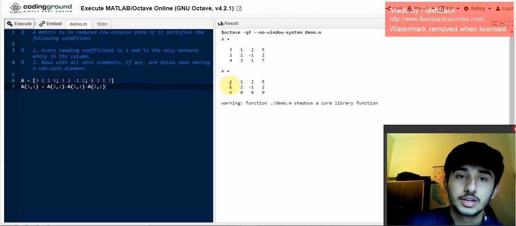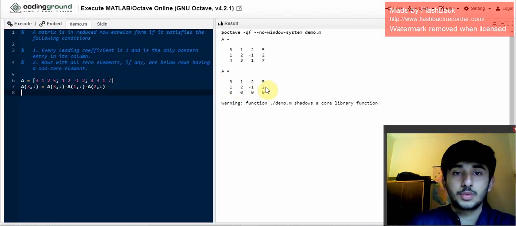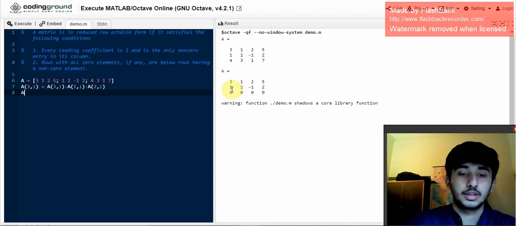Let's try and get the 0 over here, so that later on when we convert this to a leading non-zero entry, we have a column with all zero entries below it. For that, we'll have to subtract 1/3 of the first row from the second row, and that's what we'll do now.